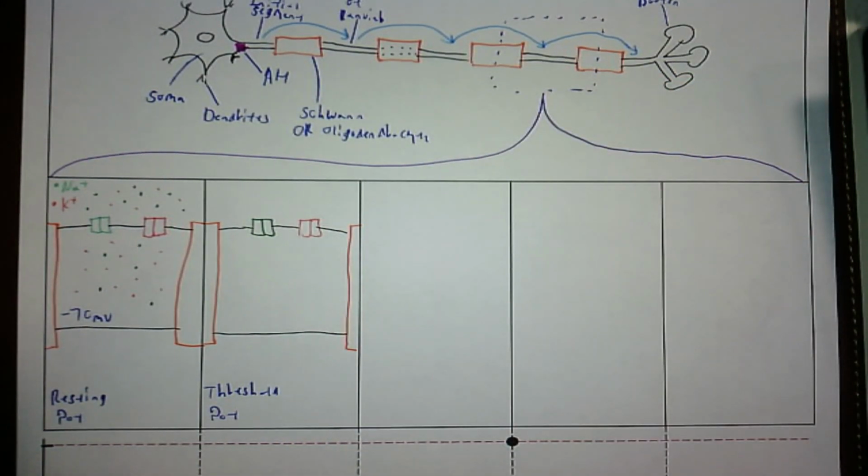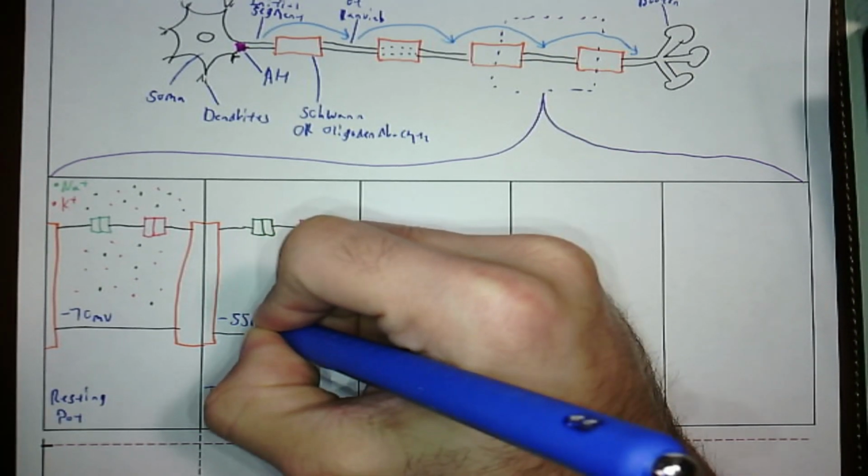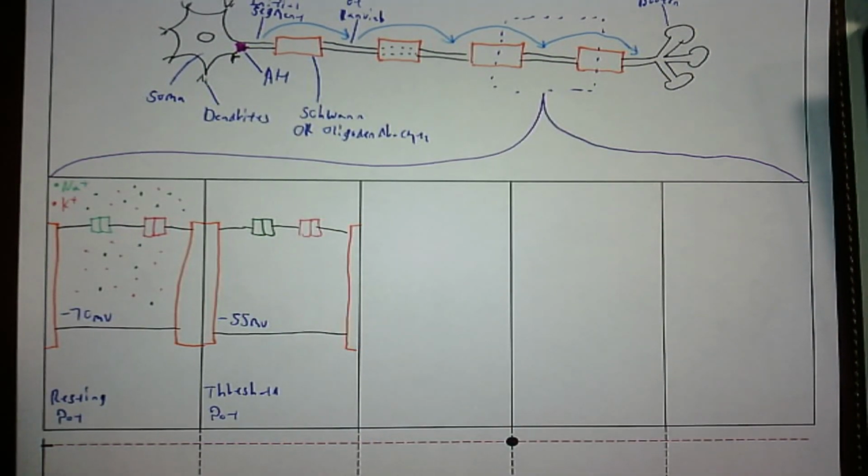And one way we know that it should be able to is if threshold is met. And so threshold potential means that the inside of this node, the membrane, at least is reaching negative 55 millivolts. So if we hit negative 55 millivolts, then we should have something happening. And we'll talk about that in a second.